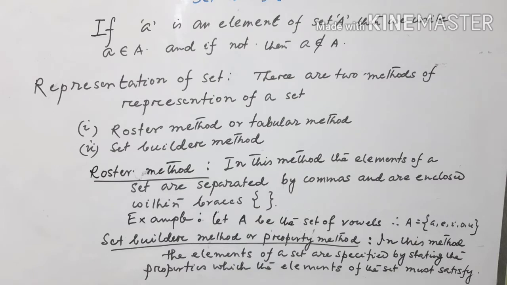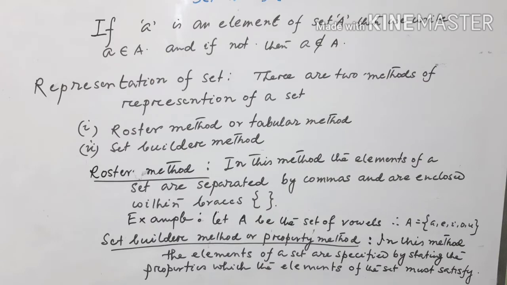Now we shall discuss the representation of sets. There are two methods of representation of a set. Number one, roster method or tabular form, and number two, set builder method. This is also called property method. Now roster method: in this method the elements of a set are separated by commas and are enclosed within braces.